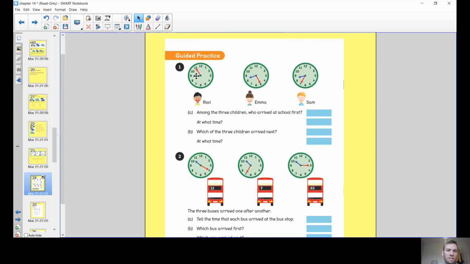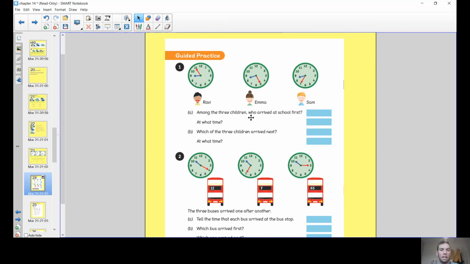Ravi arrived at 8:55. Emma has arrived at 8:25. 5, 10, 15, 20, 25. And Sam has arrived at 8, 5, 10, 15, I know this is 30 down at the bottom, 30, 35, 8:35.